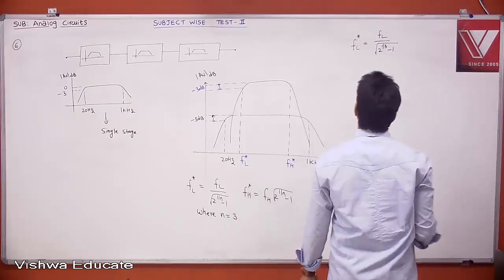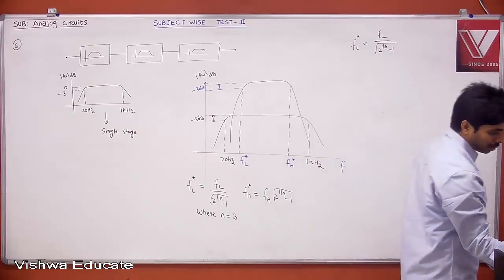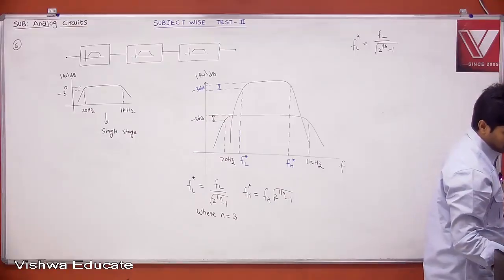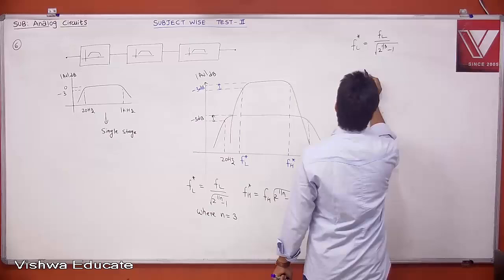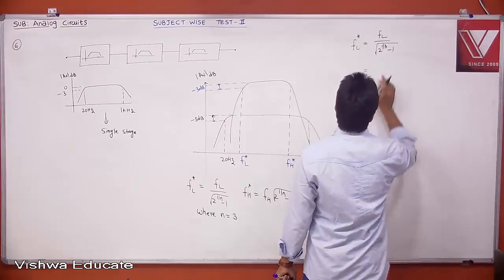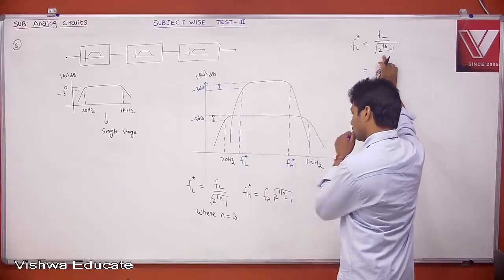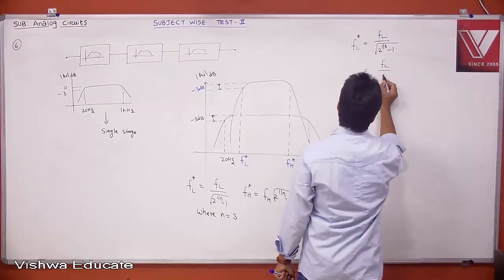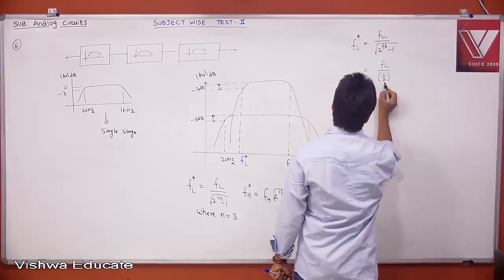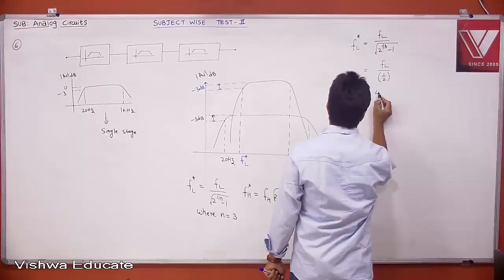What is 2 to the power of 1 by 3 minus 1? It is approximately 0.5, which is nothing but 1 by 2. Therefore FL divided by approximately 1 by 2 is nothing but 40 Hz.